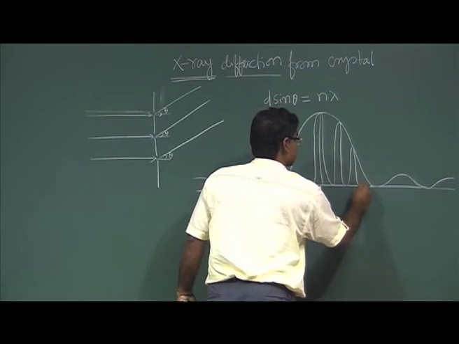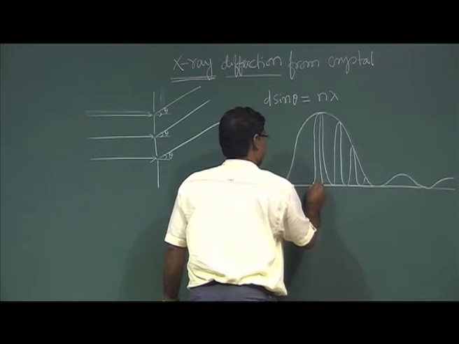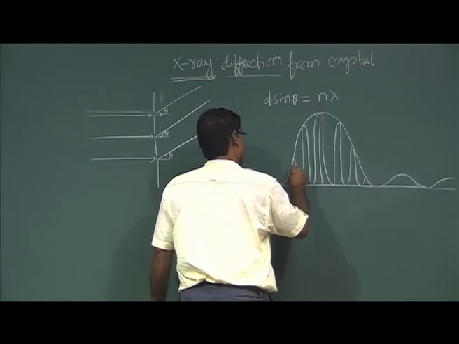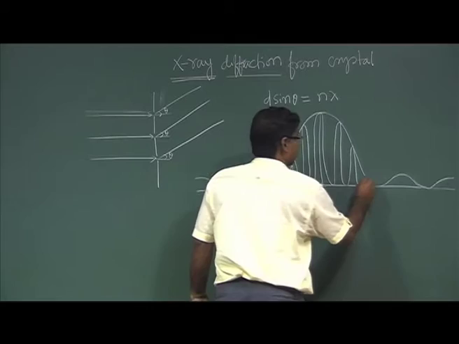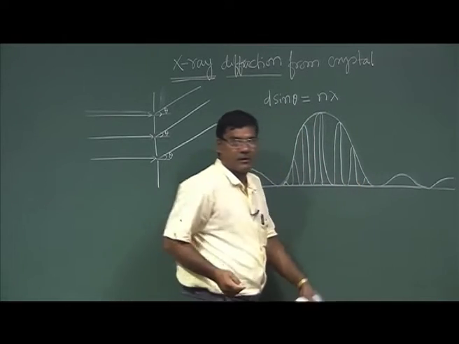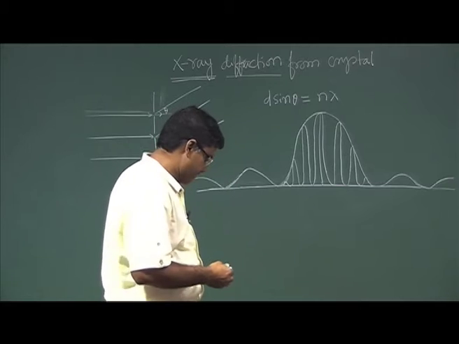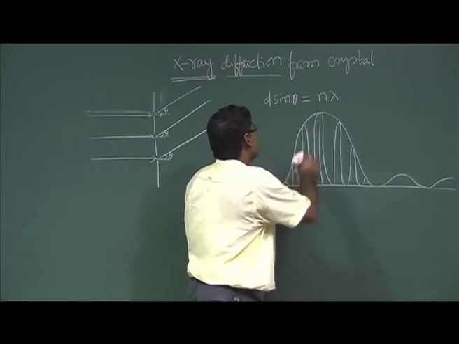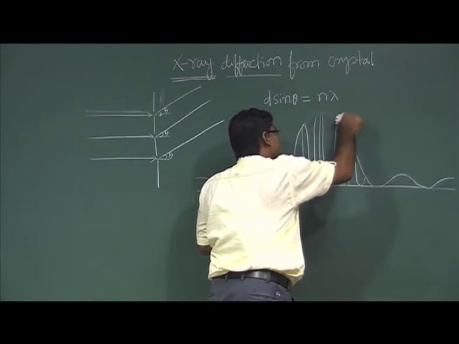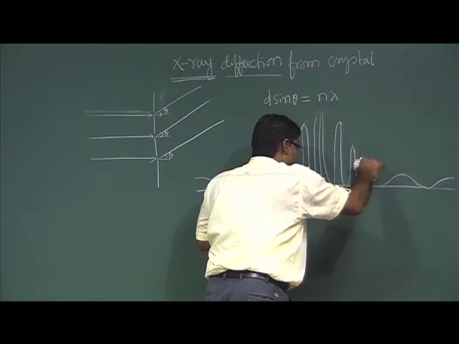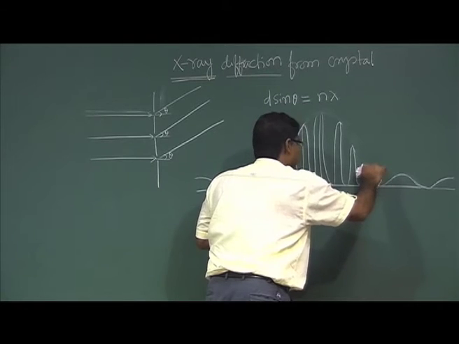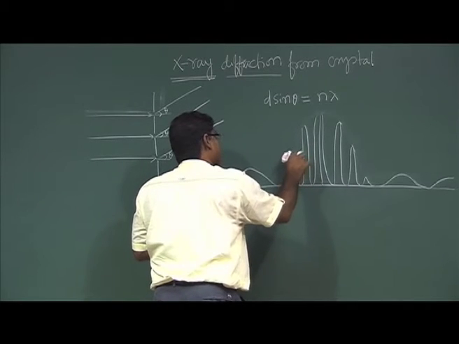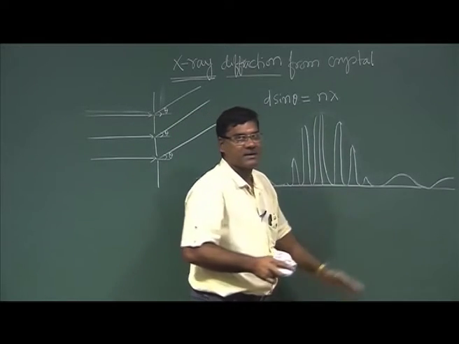This equispaced maxima we get is the interference maxima, and this, which is modulating the amplitude or intensity of the principal maxima, so all are not having the same intensity.